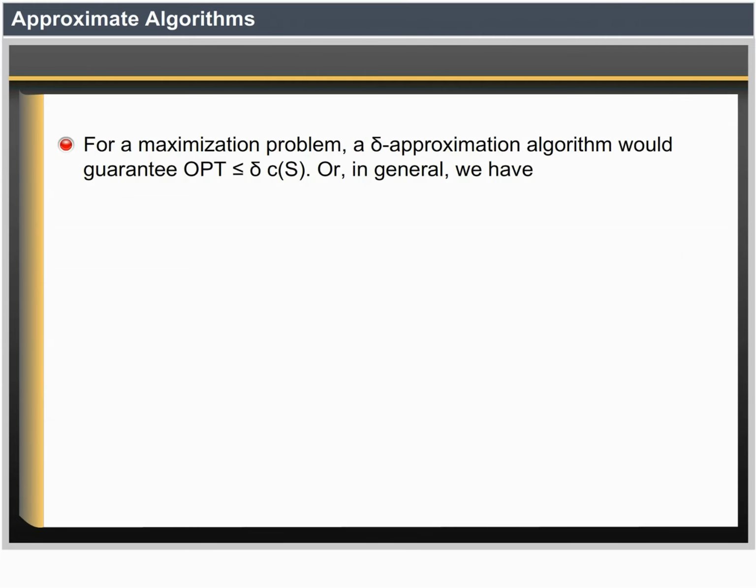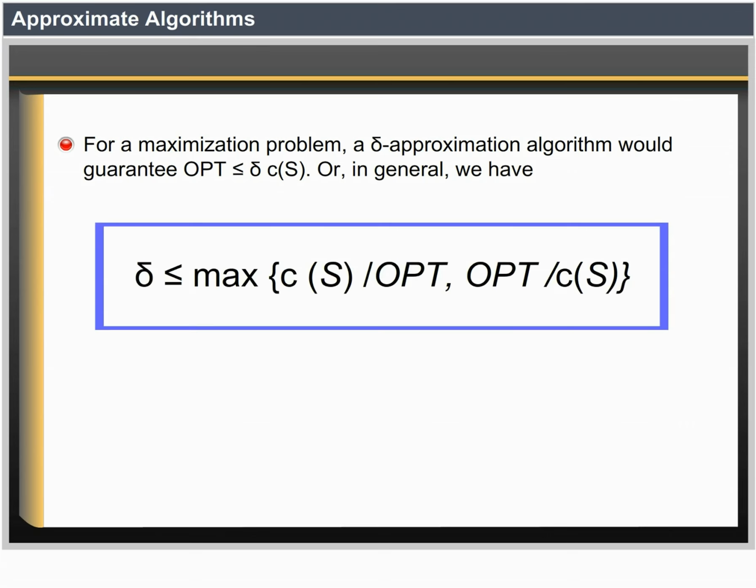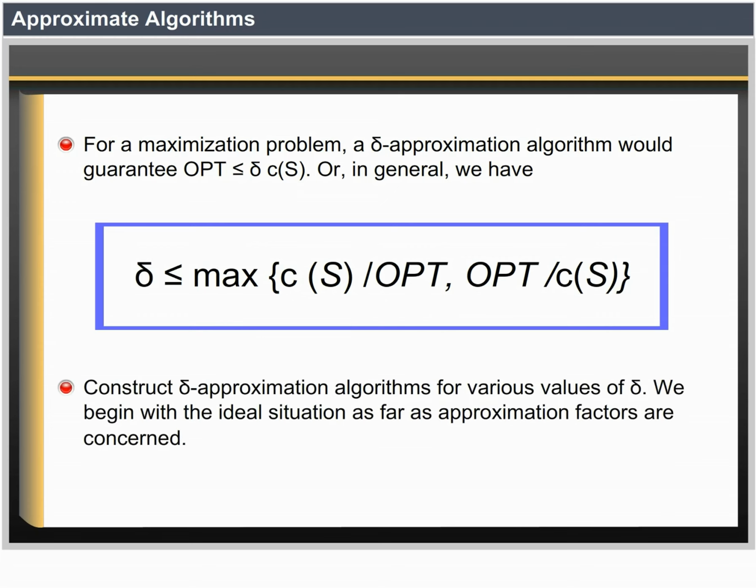For a maximization problem, a delta approximation algorithm would guarantee OPT is less than or equal to delta times C(S), or in general we have delta is greater than or equal to max of C(S)/OPT, OPT/C(S). We construct delta approximation algorithms for various values of delta. We begin with the ideal situation as far as approximation factors are concerned.